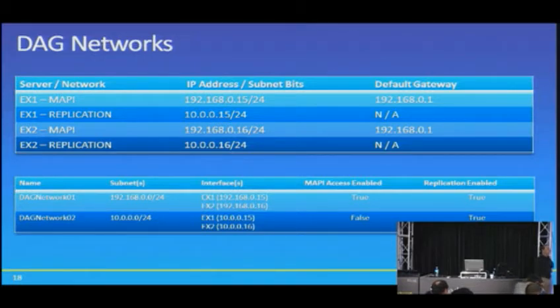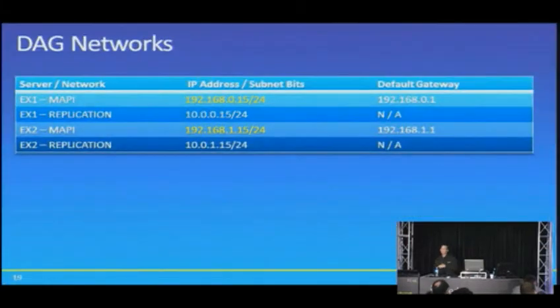But now let's say we've got these same two servers, and instead of being on the same subnet, they're on multiple subnets instead. Okay, so now I've got the mapping network on server 1 on 192.168.0, and I've got the mapping network on server 2 on 192.168.1 instead of 0. Two separate subnets right there.